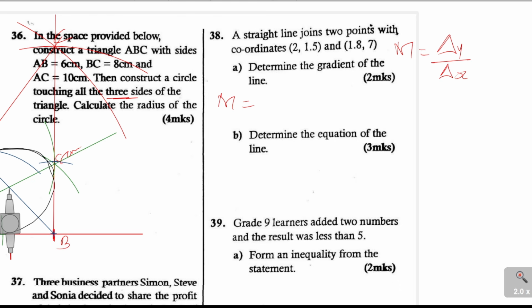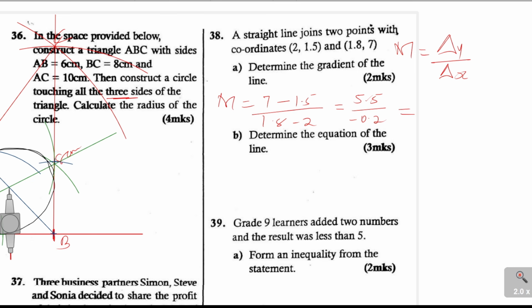Simply get the y coordinate, which is 7. You take 7, subtract 1.5, divided by the change in x coordinate, 1.8 subtract 2. So 7 subtract 1.5 gives 5.5, divided by 1.8 subtract 2, which gives negative 0.2.